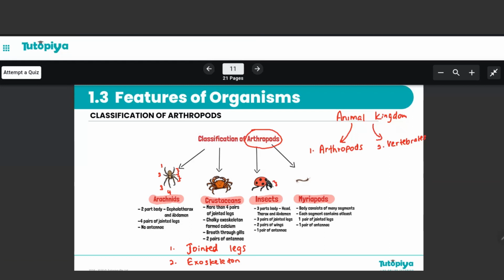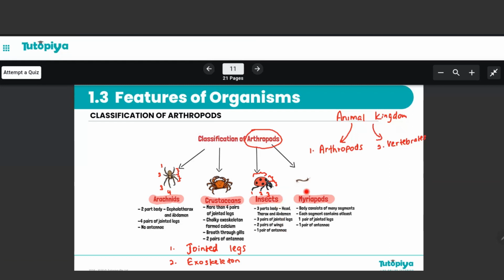The body is made up of the head, the thorax, and the abdomen. And when you count the number of legs, you will see that they have exactly 3 pairs of jointed legs, and they have 1 pair of antennae, and they also have 2 pairs of wings. So these are the important features you need to keep in mind about the insects.